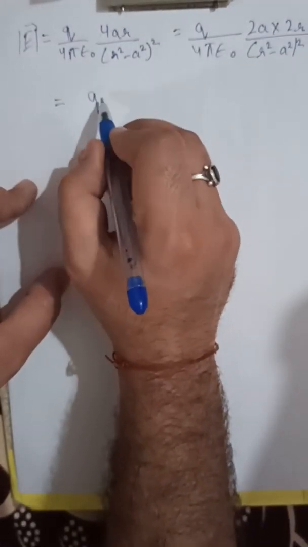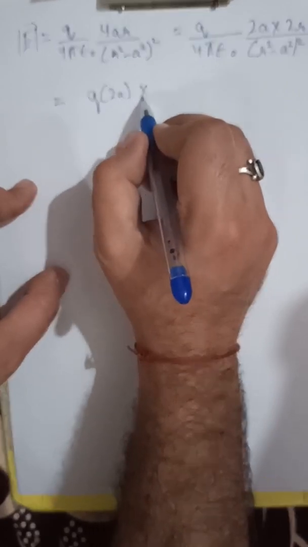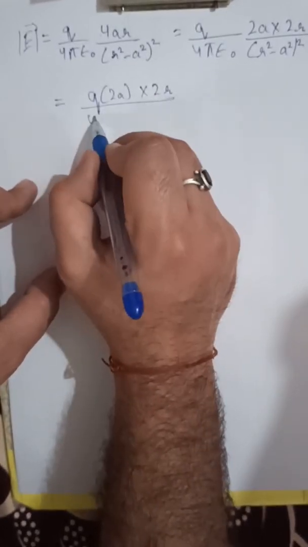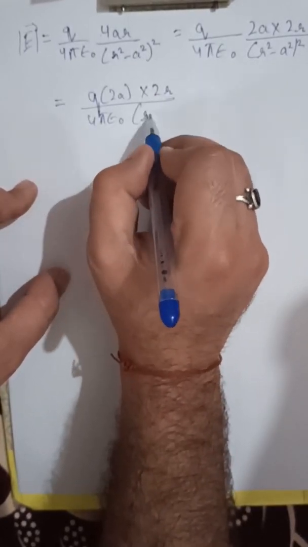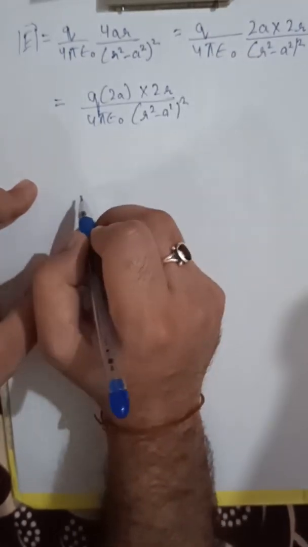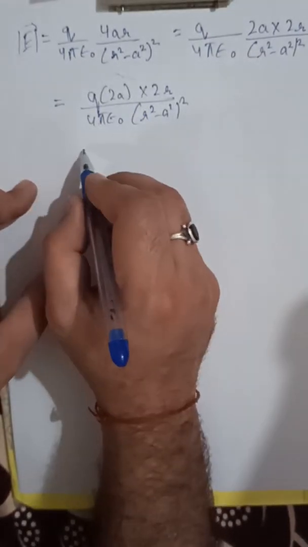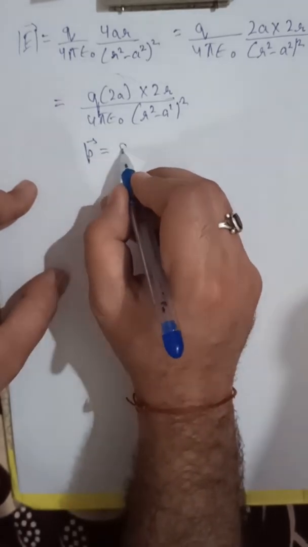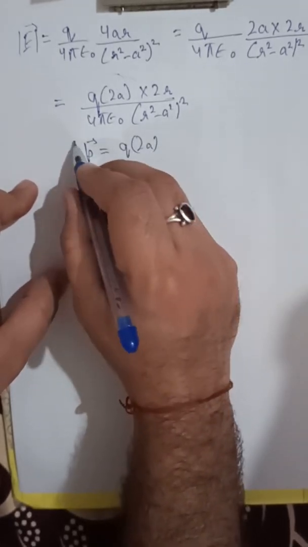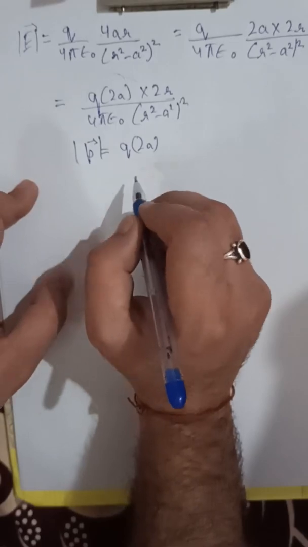And can I combine Q twice of A over 4 pi epsilon naught? So what is this? P equal to Q into 2A, the dipole moment.